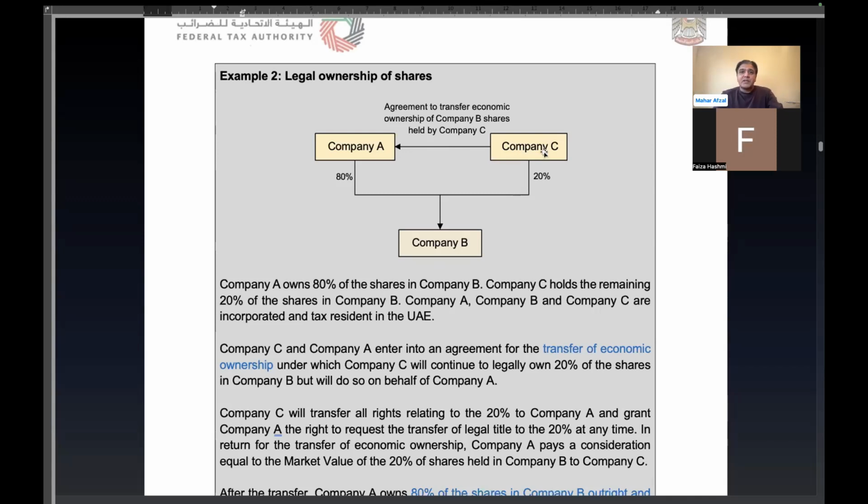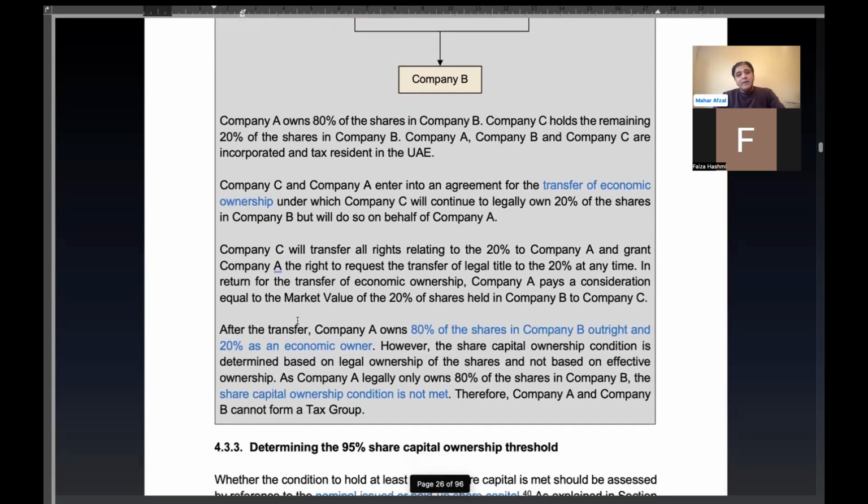C is not transferring the share to A, but C is transferring the beneficial rights to A only. It has been very clearly mentioned here. After the transfer, company A owns 80% of shares in company B outright and 20% as the economic owner, or beneficial owner.